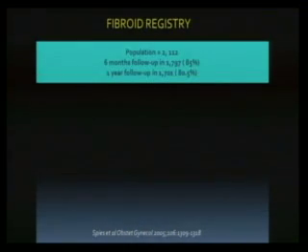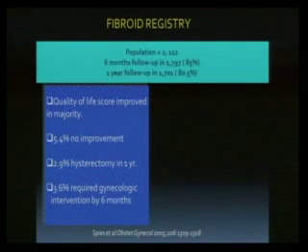This, again, is very important evidence. When you look at the registry, it is the largest in terms of population; it started with 2,112. And then progressively dropped to 85% at 6 months, then to 80.5% at 1 year. When you look at the results, quality of life score improved in the majority of the cases.